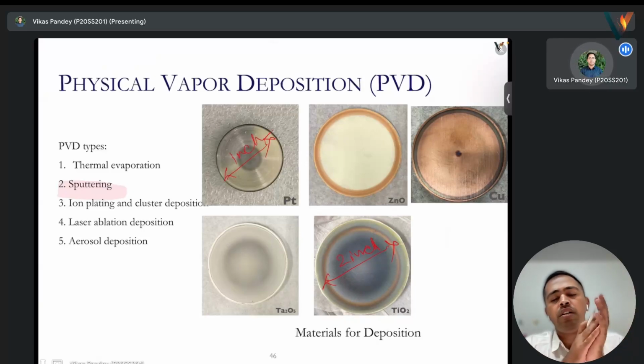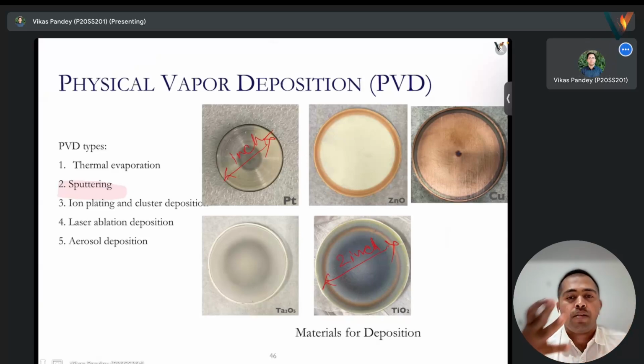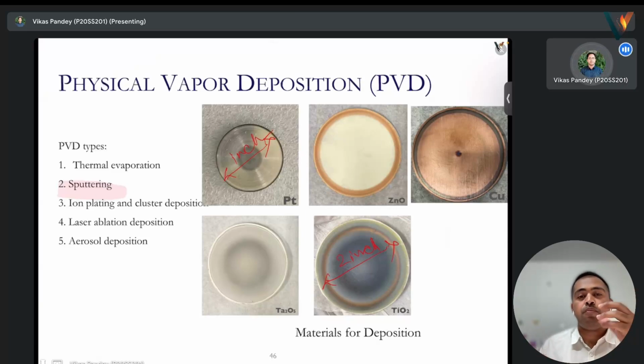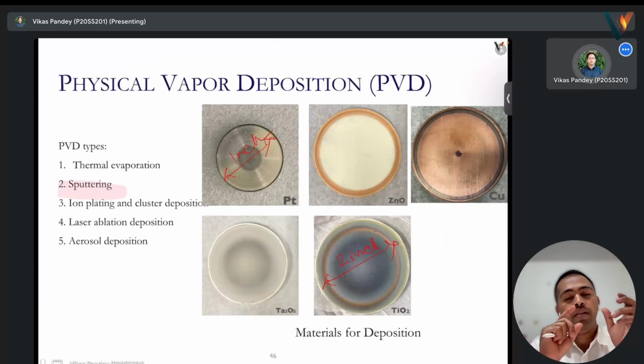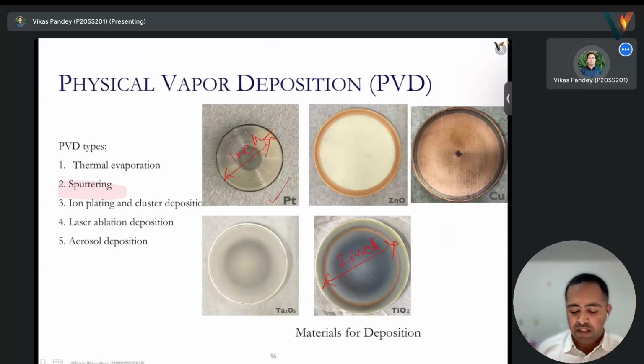Based on the gun or the structure of the sputtering, the magnetron gun we are using will define what size and what thickness it can take. So they will be in this form. Like you see, this is Pt, this is zinc oxide, this is copper, this is tantalum oxide, titanium oxide.